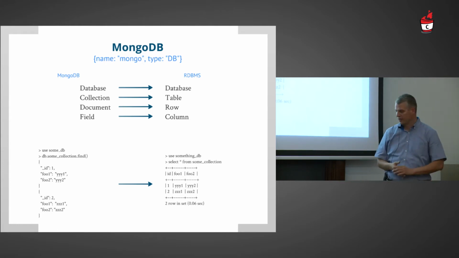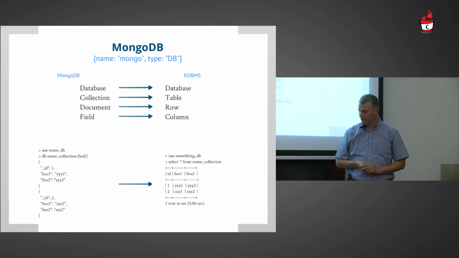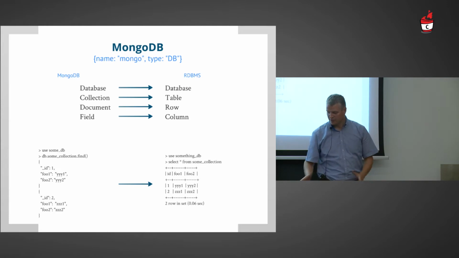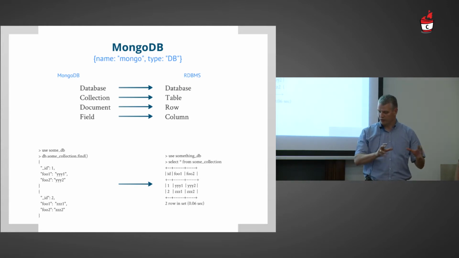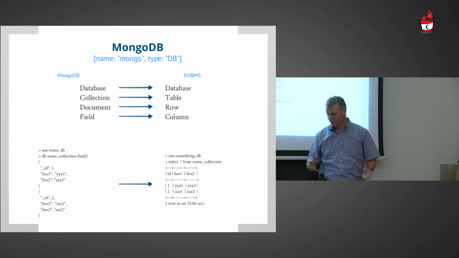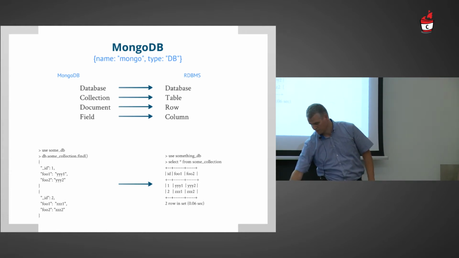You can put anything into it. But the mapping would be collection equals table. A document would be what a row is, and a field would be what a column is. So you can basically build a relational database schema in a document-oriented storage. Not that it would make a lot of sense, but you could do that.